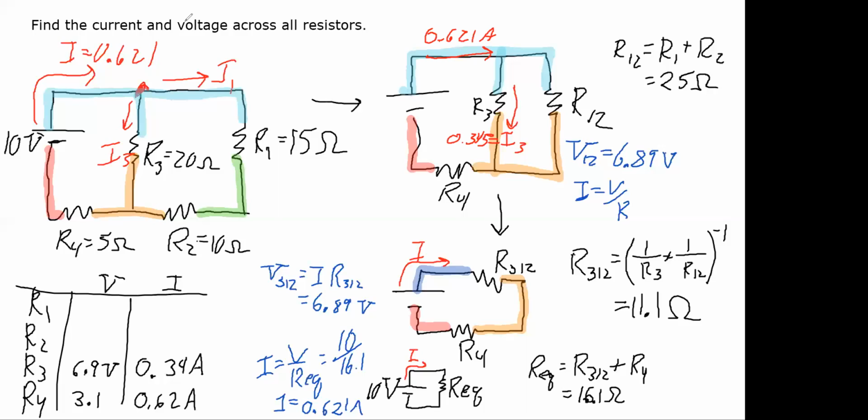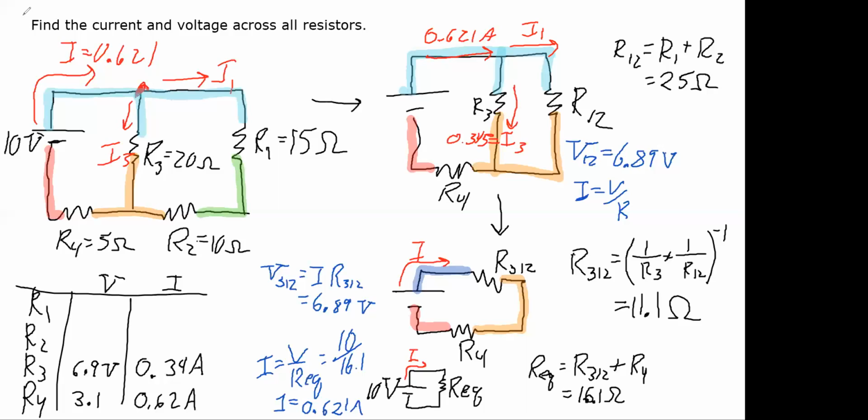My total current is 0.621. That current gets split off, 0.345, and whatever's left over will be going towards what we called I1 earlier, going to my R12. So I'm just using the junction rule.